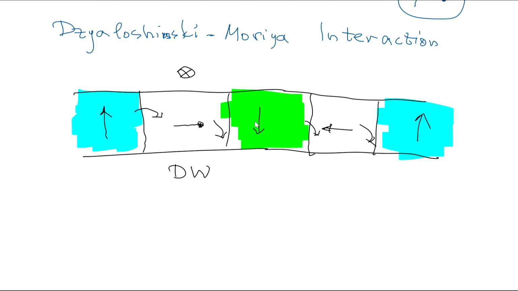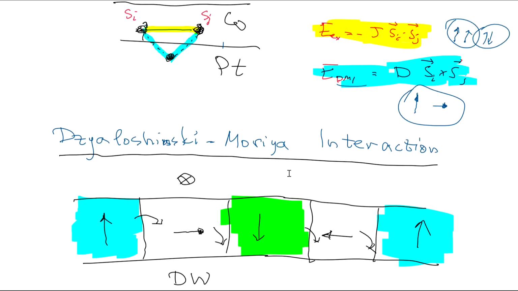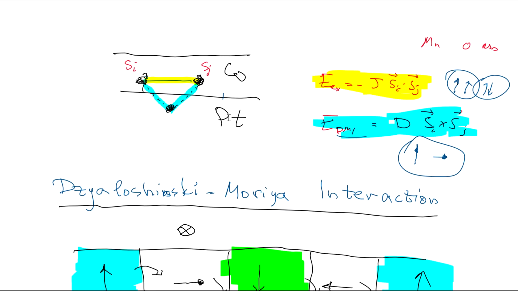Okay, now if you have material in which we have DMI interaction, which favors the perpendicular alignment, then even a very small domain becomes stable because it is surrounded with these magnetic moments that are perpendicular to it. So what happens is that Dzyaloshinskii-Moriya interaction in materials or in thin films, and in this case where we have two layers of cobalt and platinum, it can be called interfacial Dzyaloshinskii-Moriya interaction.